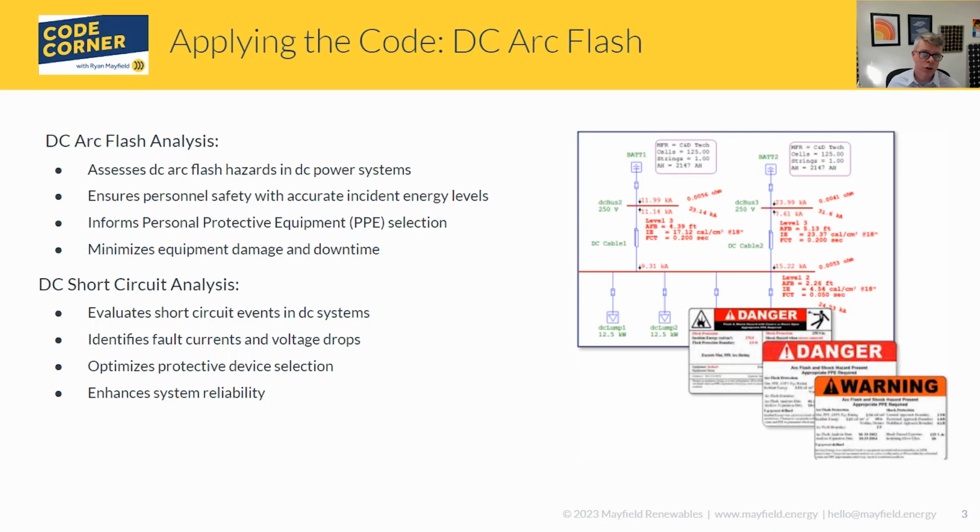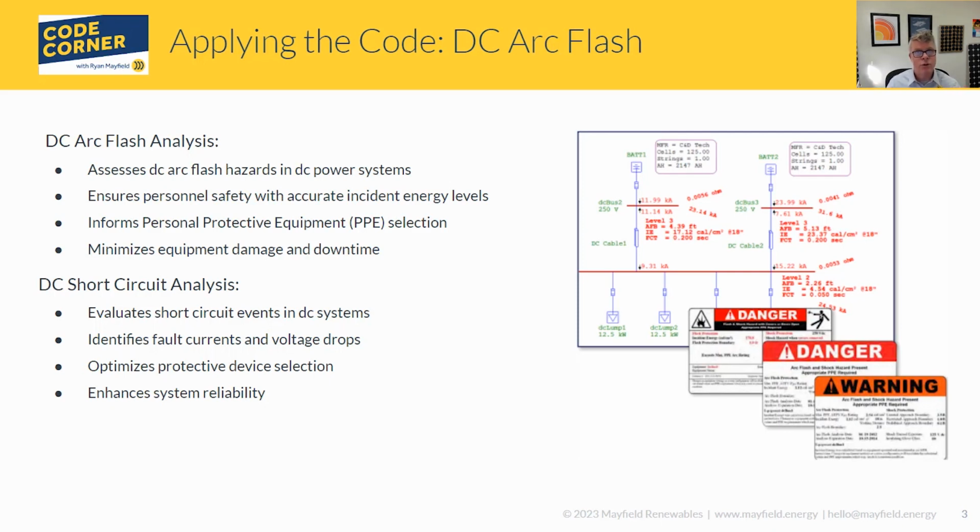So this is commercial and industrial applications where we're going to see these, and we need to be able to assess what the hazards are for our battery systems, our DC systems. We can assess those situations, run calculations using some specialized software, and inform the users right there on site.